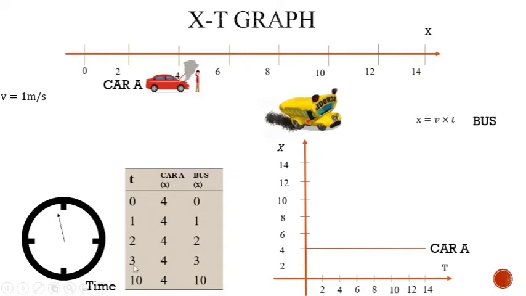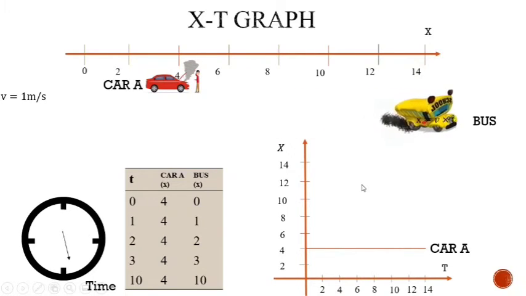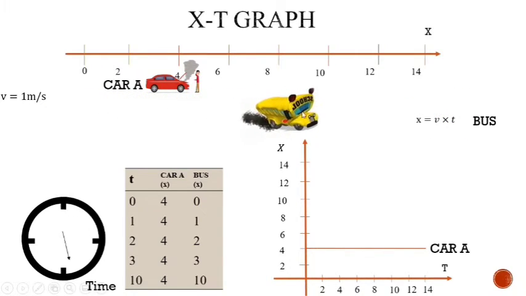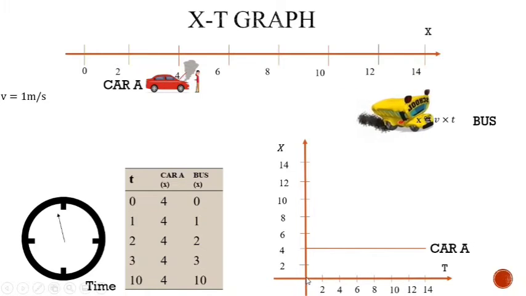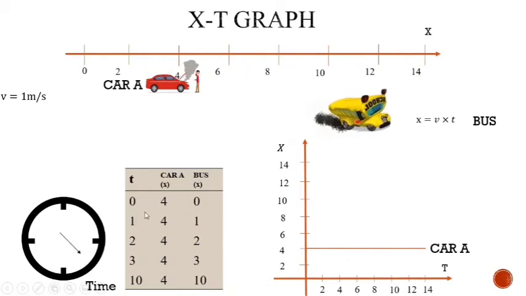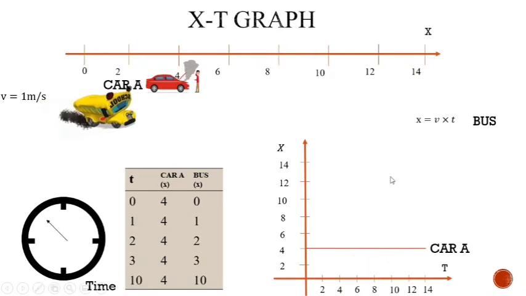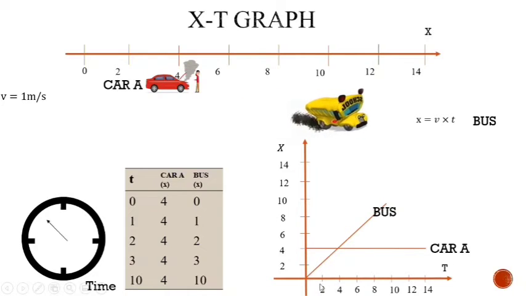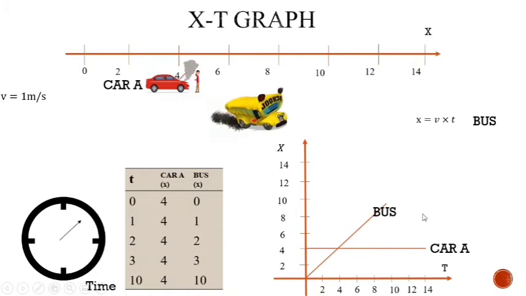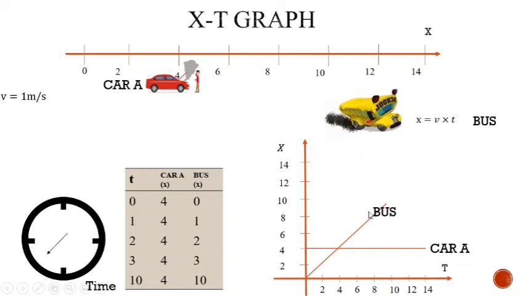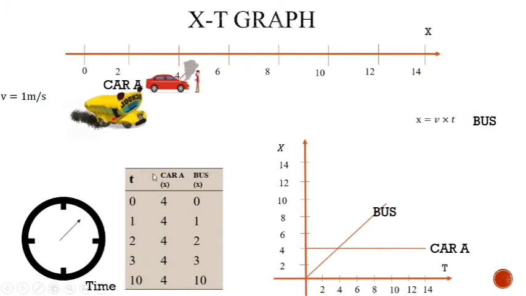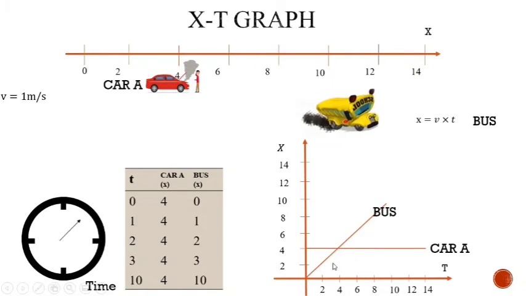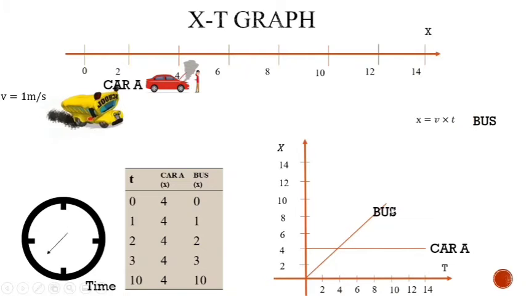If you try to represent this motion on the x-t graph, you can see that the motion will start from the origin, because the vehicle is starting from the origin. If you plot it, it will be a straight line inclined at 45 degrees, because x is equal to t. Here you can see this straight line indicates the motion for the bus. That means if the velocity is constant or uniform for any object, that should represent a straight line on the x-t graph.